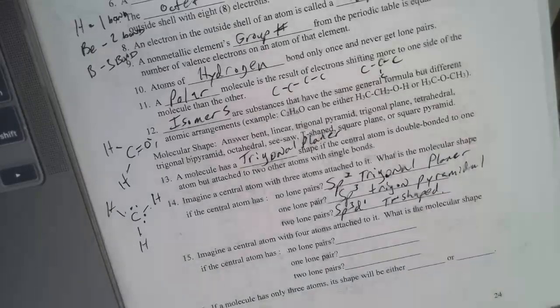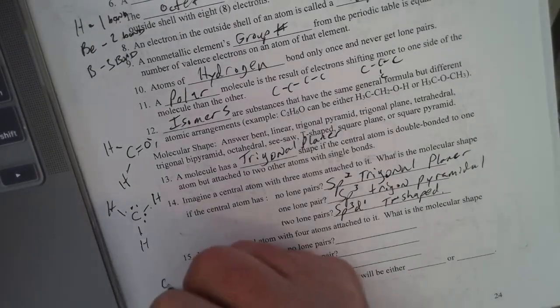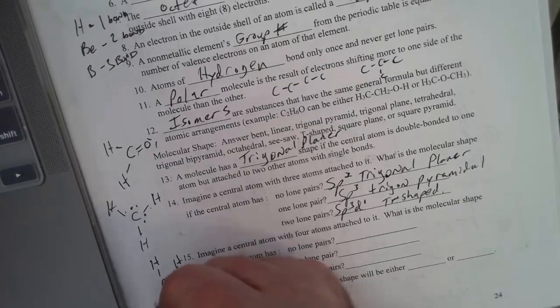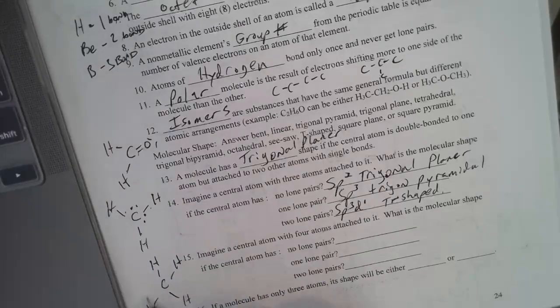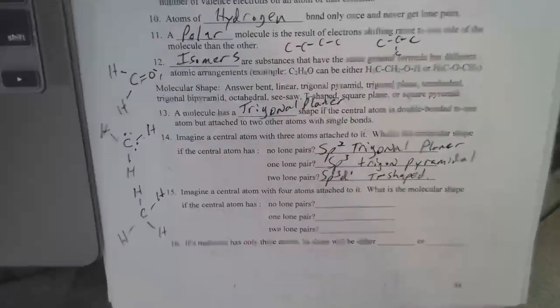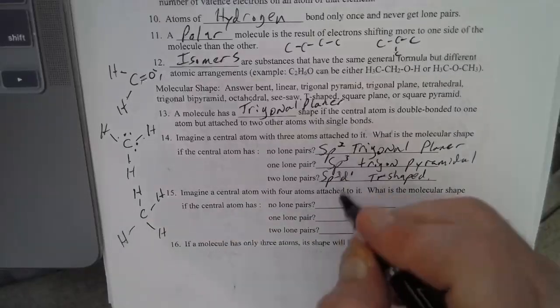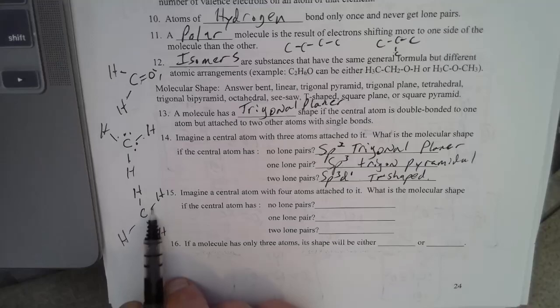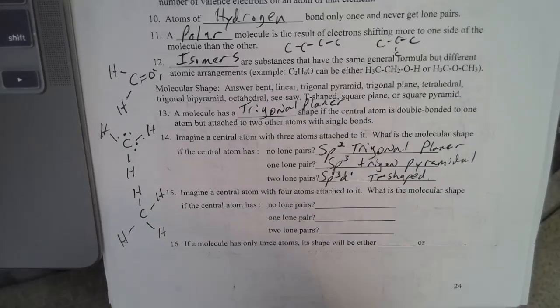Imagine an atom with 4 atoms attached to it. So we will do this. Again, while these angles look like they are what you would call 90 or something like that, in reality they're 109.5. So here we have s, p1, p2, p3, sp3.